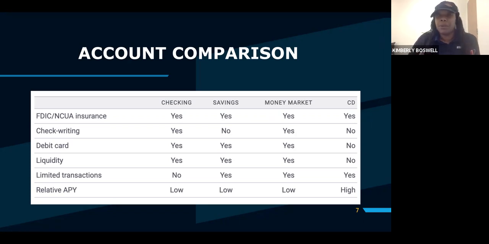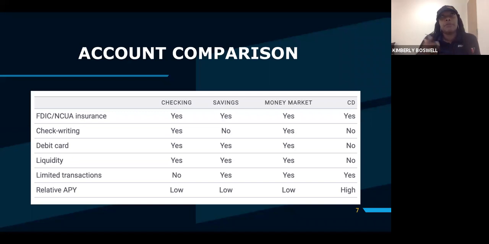Because of what they use the money for in the CD, there's less liquidity on your certificate of deposit. Meaning once you lock into that 1 year, 2 years, 18 months, whatever it is, the bank doesn't expect you to pull that money out.